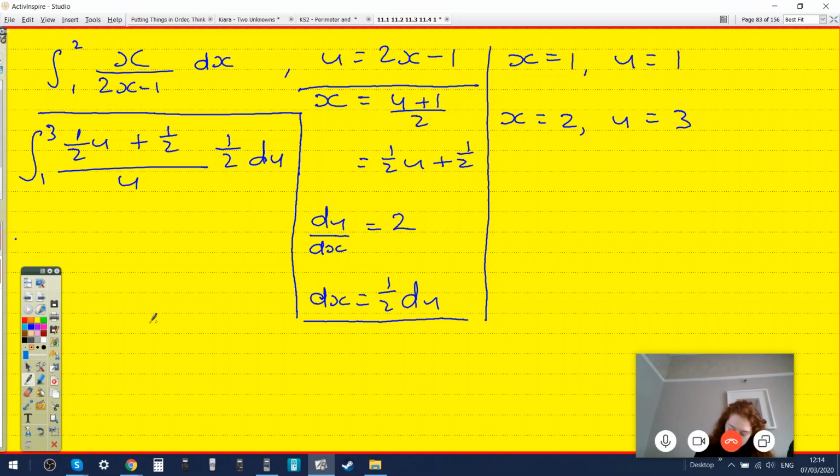Okay, how do we integrate this thing? Do we still keep the u at the bottom, or do we need to bring that up? I think we can make our lives a bit easier. What is a half u over a half?